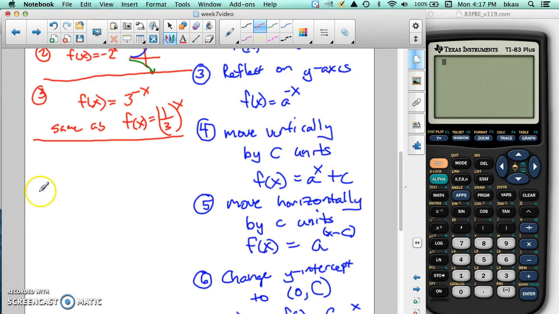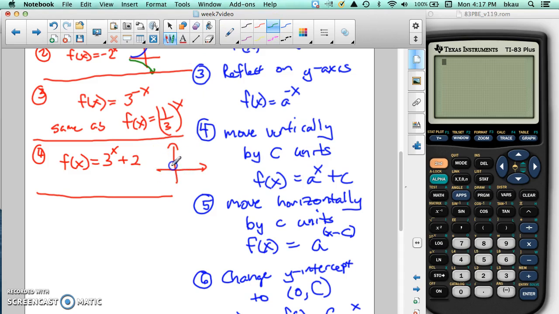number 4 here, we move vertically. We move up and down C units. So in that example, if we had f of x equals 3 to the x plus 2, that means we moved up 2 units. So our original graph would be here, crossing through 1, and it would go like this.